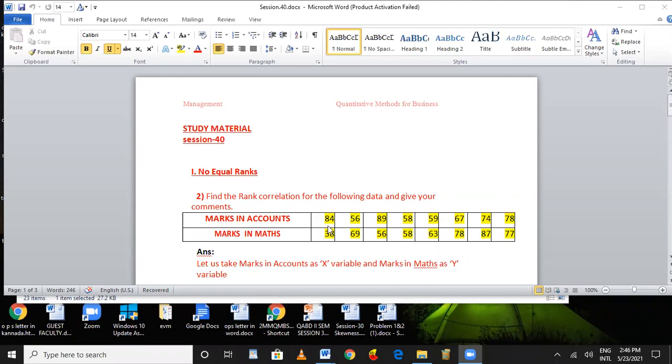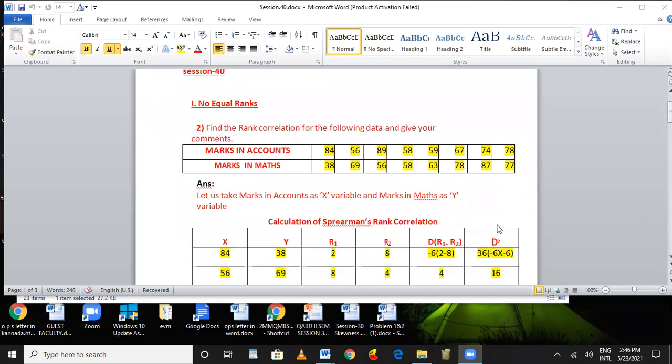Marks in accounts: 84, 56, 89, 58, 59, 67, 74, 78. Marks in maths: 38, 69, 56, 58, 63, 78, 87, 77. Here marks in accounts are assumed as the X series and marks in maths as the Y series.